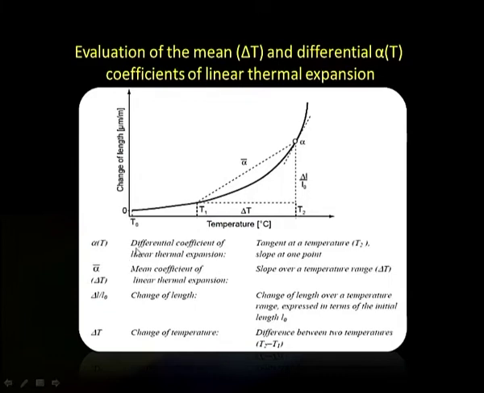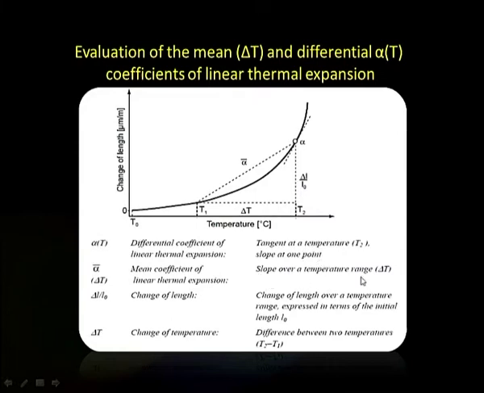Alpha T is the differential coefficient of linear thermal expansion. Alpha bar delta T is represented as the mean coefficient of linear thermal expansion. Delta L by L0 is change of length, delta T is change of temperature. Tangent at a temperature T2 gives slope at one point.